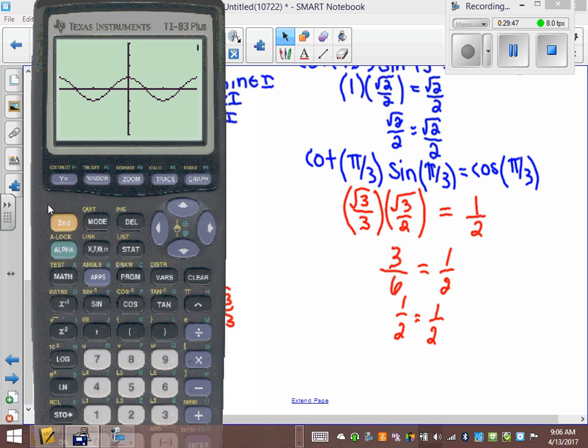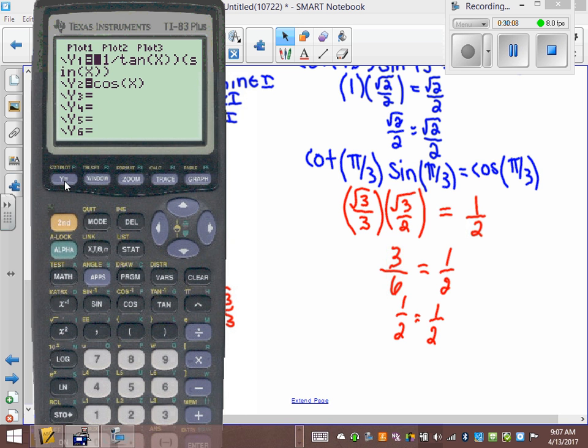Now, this is the problem. People will say, well, they drew on top of each other. I can only see one graph. Yes, but what happens if they actually didn't draw on top of each other? Your other graph is flying up here and you don't know it because you're just assuming they drew on top of each other because you can't see a different one. The best thing to do is go to your y2, arrow over and make it thicker, because then you'll actually see if it draws on top of the other one, not just hope that it did.